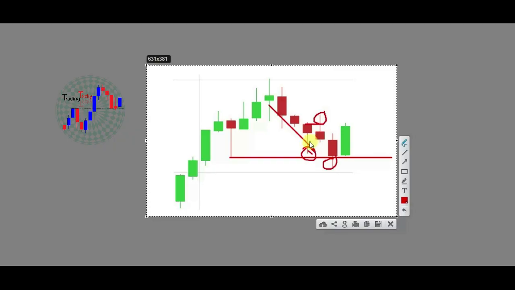Every time the candle makes a new low, that's the natural thing. Okay, see this is an uptrend, so every time we can expect a new high, that's the natural thing. Okay, but during a downtrend, if this candle crosses the previous candle, we call it a new high, and as soon as the candle closes at the level with rejection, we can see strong buyer's entry, and this is a new high.